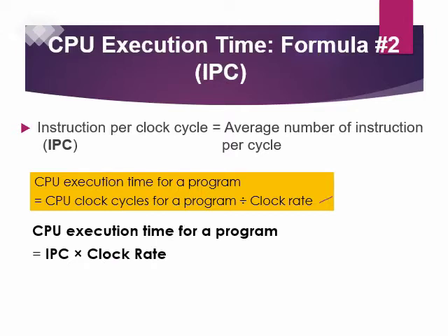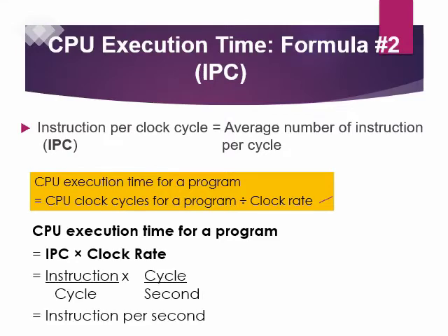It is actually IPC times clock rate. Again, don't have to memorize, but let's look. What is IPC? IPC is instruction per cycle. So instruction per cycle, and clock rate is cycle per second. So we can cancel out cycle. That's why we end up with instruction per second. So that's how we use IPC.